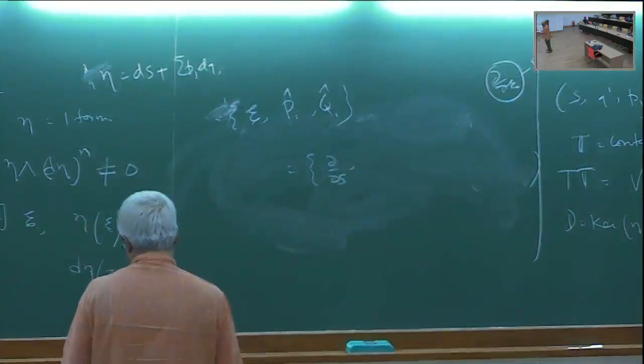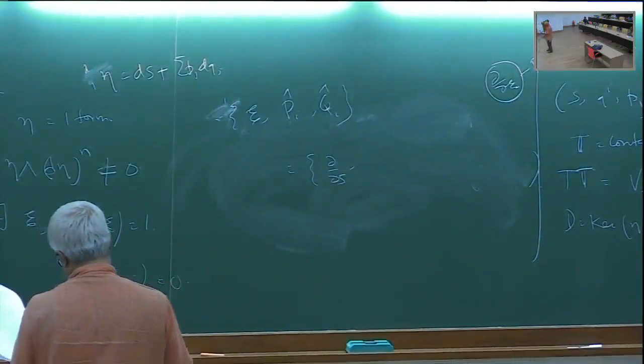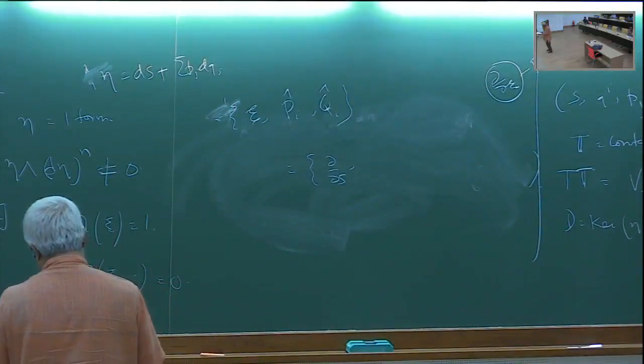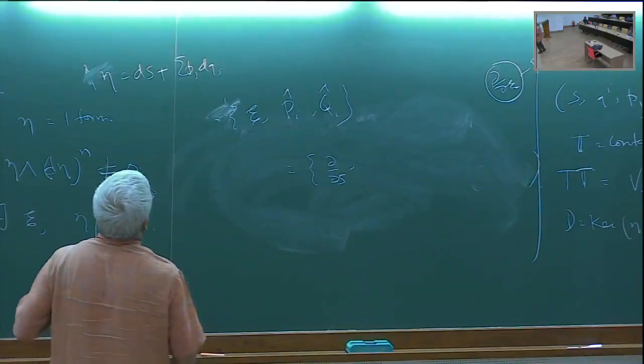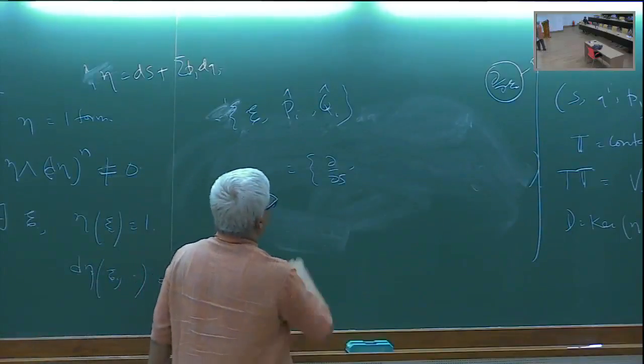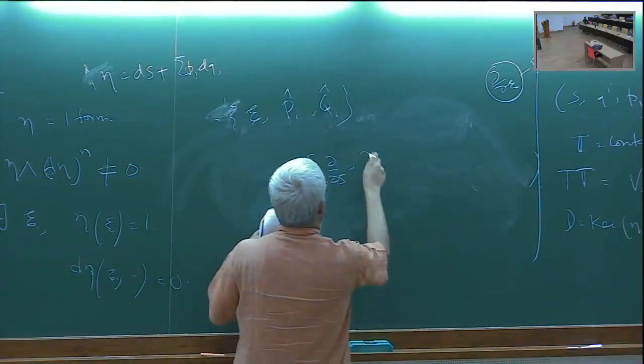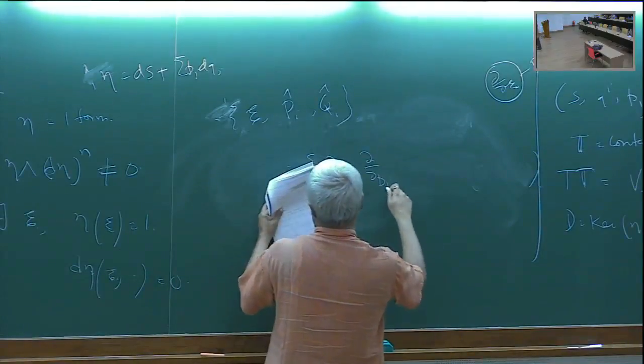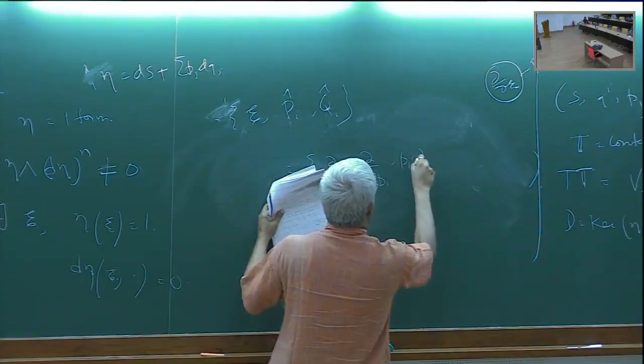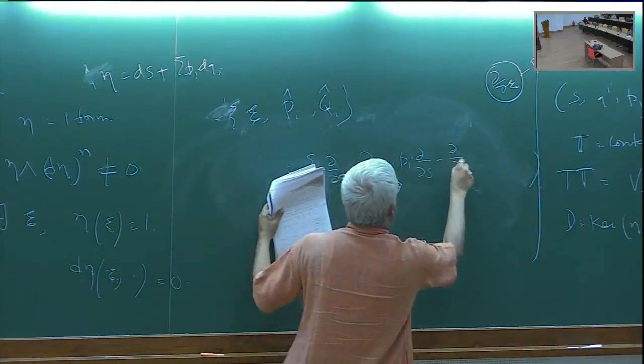Then the vector fields are del del S, and del del Pi, and Pi del del S minus del del Qi.